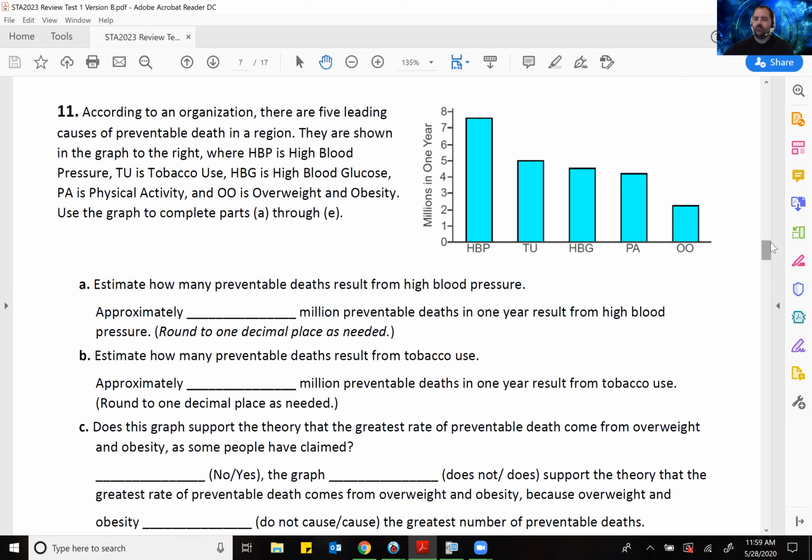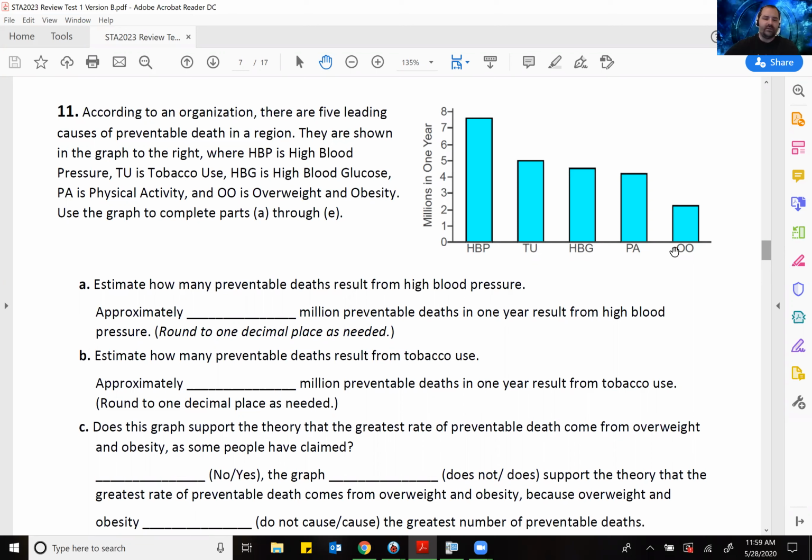All right. What about B? It says estimate how many preventable deaths from tobacco use. It looks like 5. Maybe 5.0, maybe 4.9. But I believe down below it said 5.0.